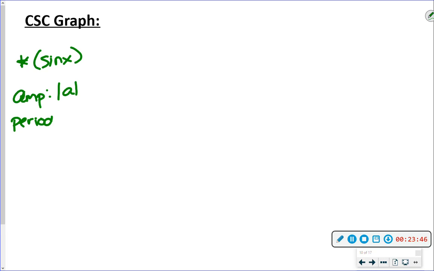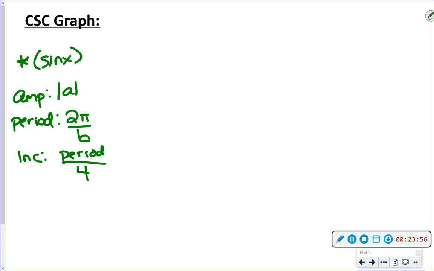To graph sine, we needed the amplitude, the period, and the increment. So I'm just going to put sine in parentheses here. We need the amplitude, absolute value of A. We need the period, 2 pi over B. We needed the increments, period over, do you remember? 4.